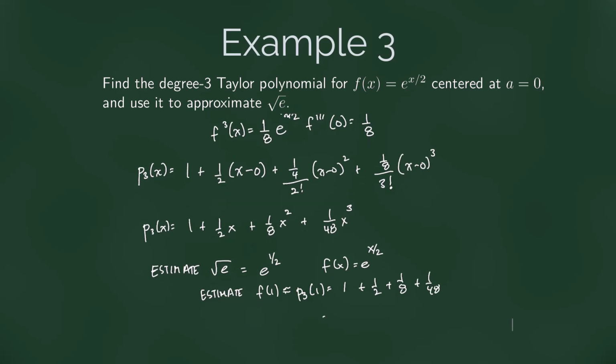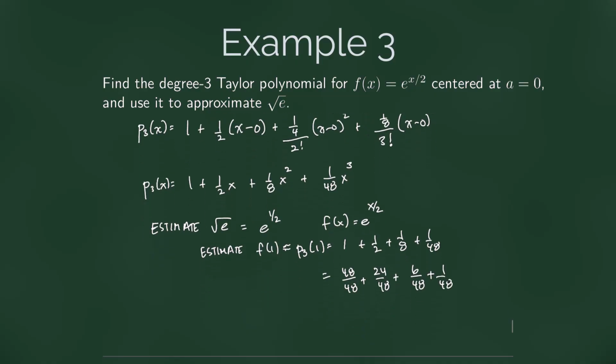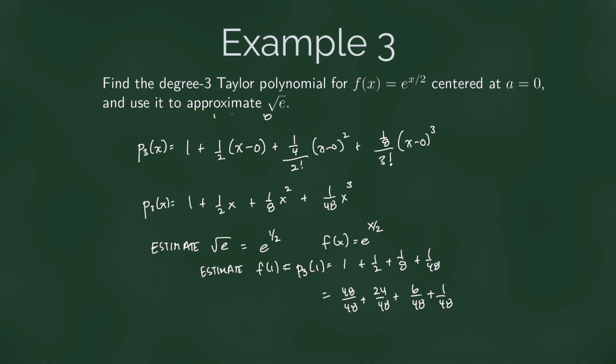So that's 48 over 48 plus 24 over 48 plus 6 over 48 plus 1 over 48, which gives us 79 over 48, which is approximately 1.58.